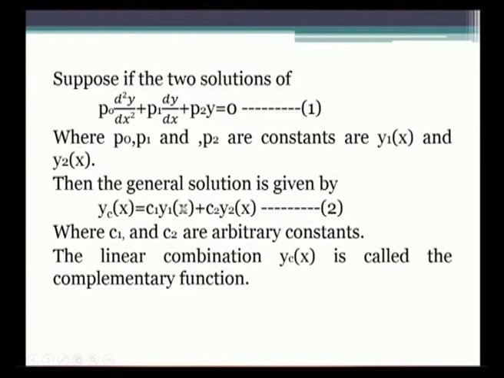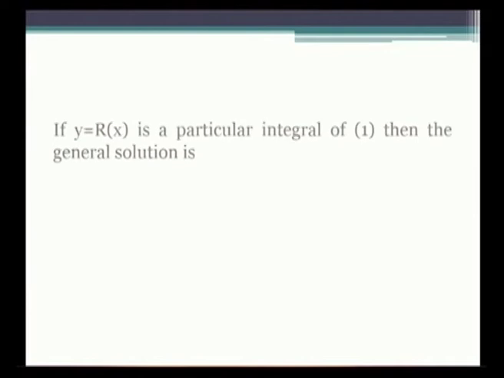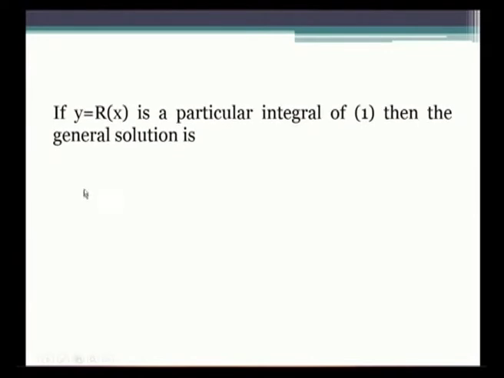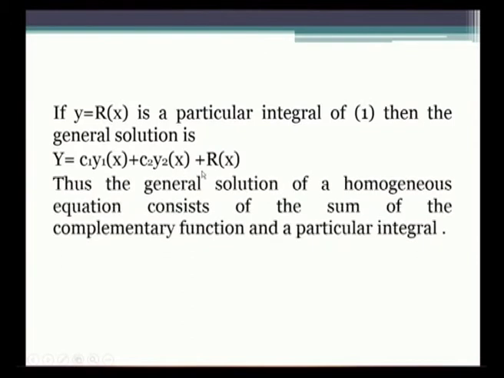So, this complementary function is the solution of the second order homogeneous linear differential equation. Now, if y is equal to r of x is a particular integral of equation 1, the general solution is given as y is equal to c1 y1 of x plus c2 y2 of x plus r of x.